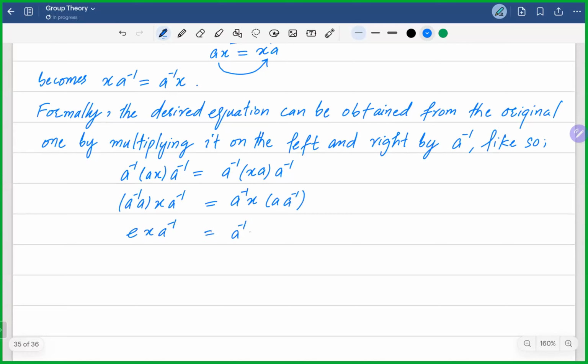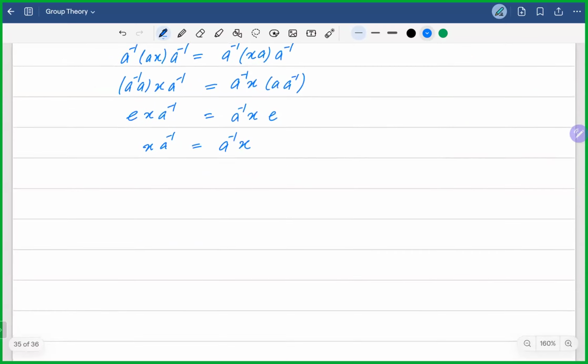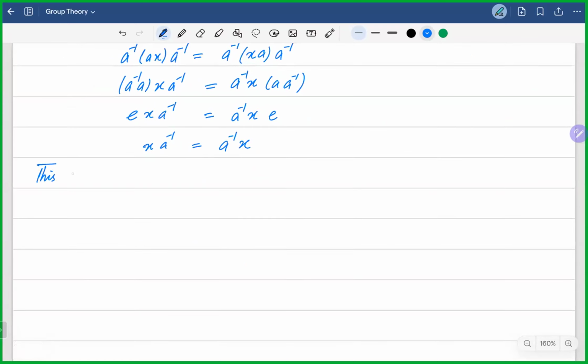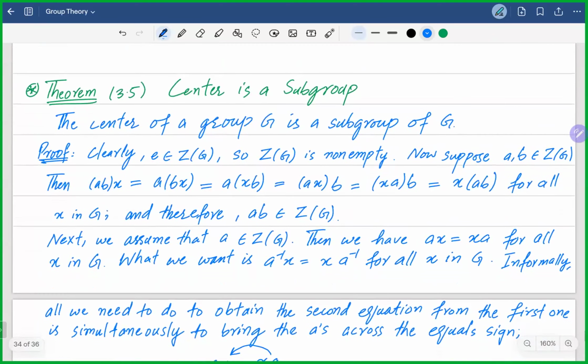This is going to be A inverse X E, and this is going to be XA inverse is A inverse X. This shows that A inverse lies inside the center whenever A is. And that's how we use the two-step subgroup test to prove that the center is a subgroup.